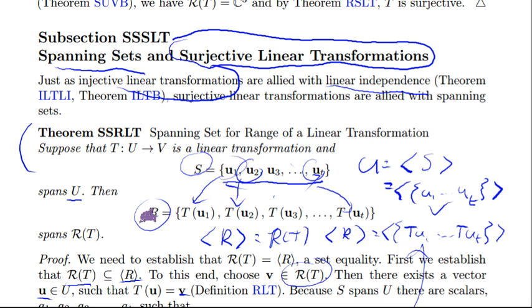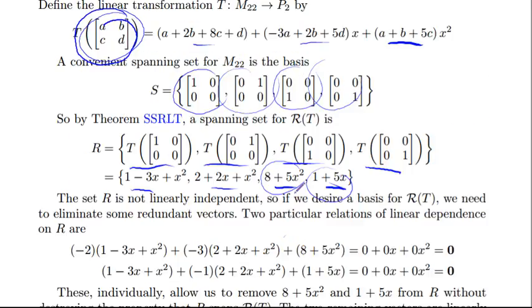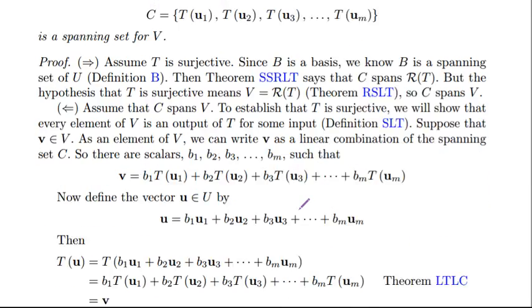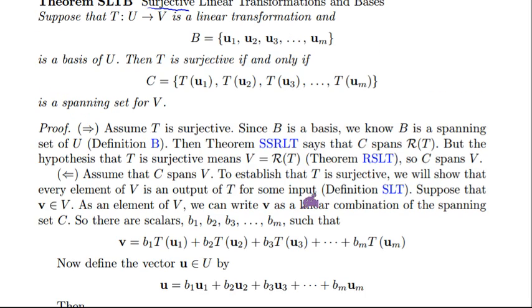In the case where the range is the codomain, we know that if we choose a basis here, the images of the basis vectors must span the codomain. So that's what we're talking about down here.